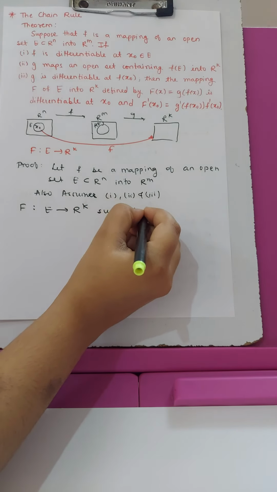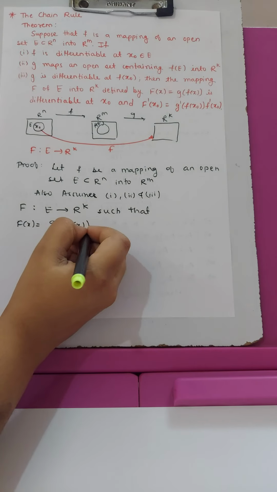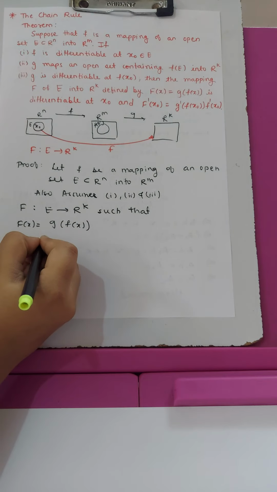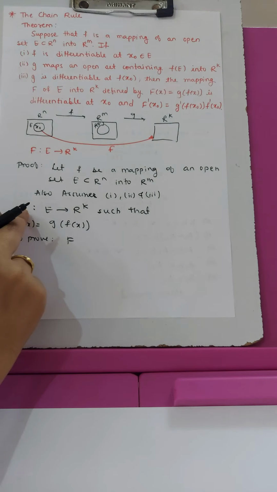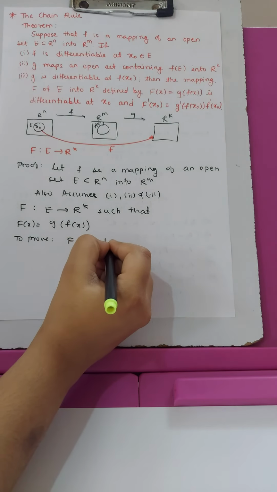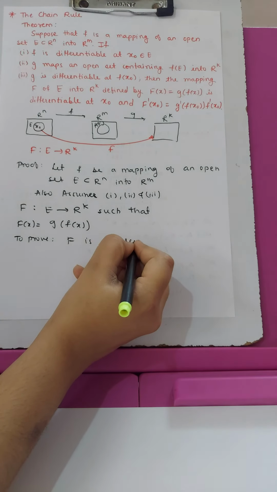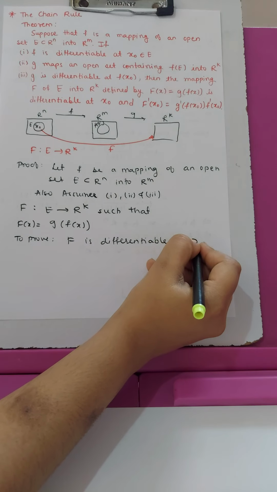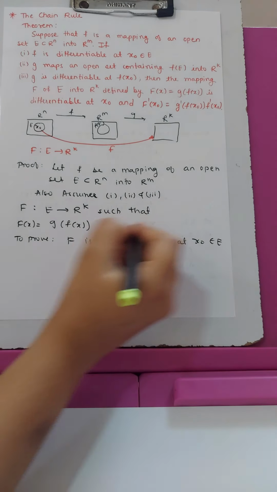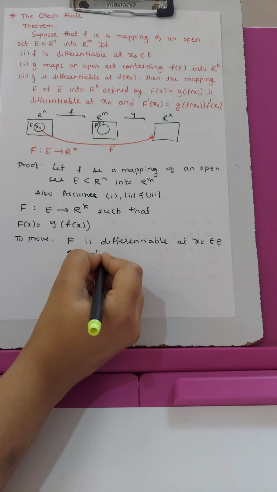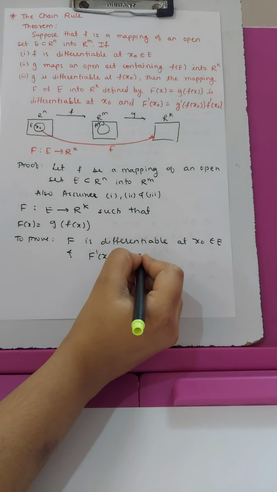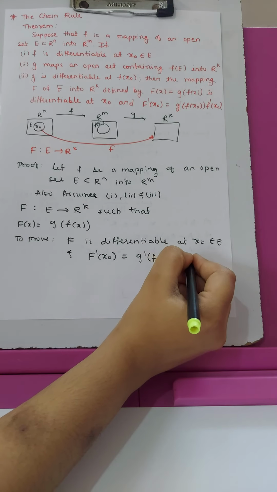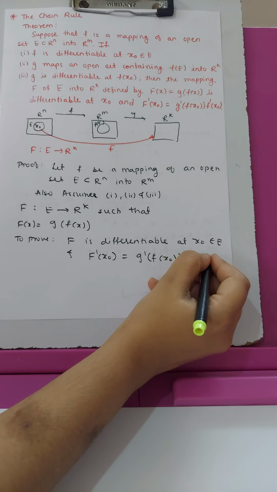F of x equals to g of f of x, and we have to prove that this mapping F is differentiable at x0 belongs to E, and also that F dash of x0 is equals to g dash f of x0 and f dash of x0.